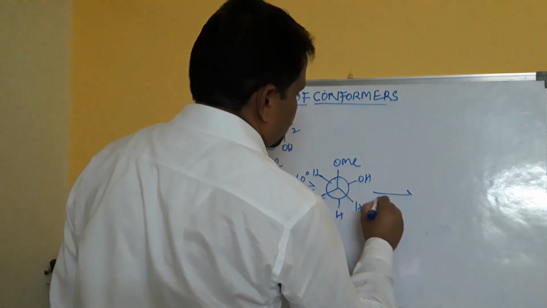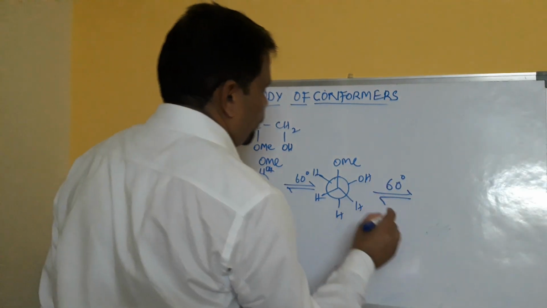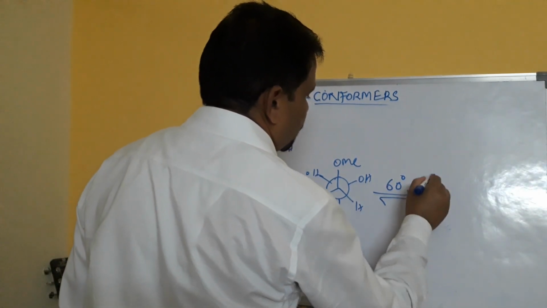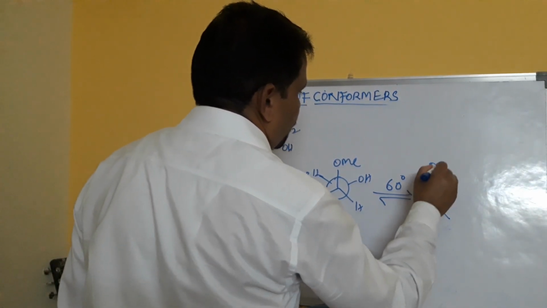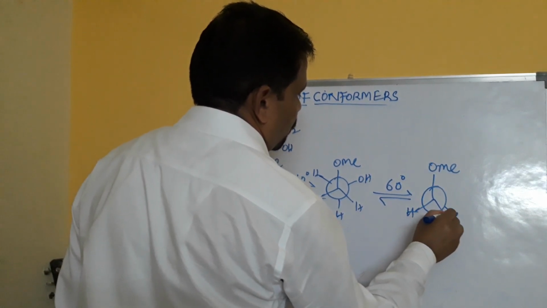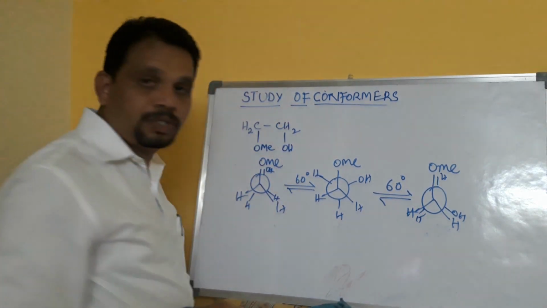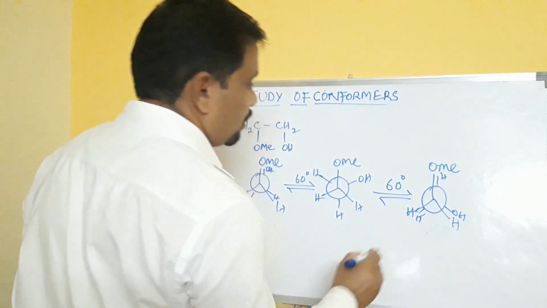And another 60 degrees rotation about the CC single bond, you will get the partially eclipsed conformer, OMe, hydrogen and hydrogen, OH, hydrogen and hydrogen. So this is the partially eclipsed conformer.